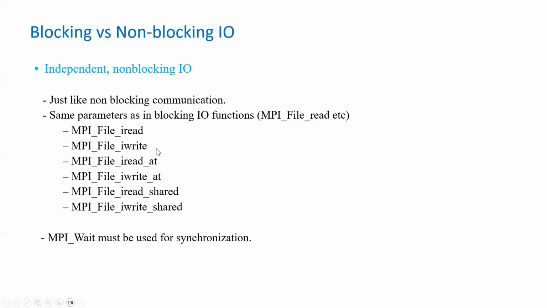The difference in syntax is that function calls starting with I, like MPI_File_iread, iwrite, iread_at_all, or iwrite_shared, mean you are doing non-blocking I/O. When you're doing non-blocking I/O, you need to issue MPI_Wait for the synchronization, something like that.